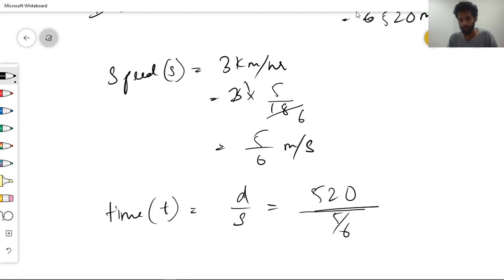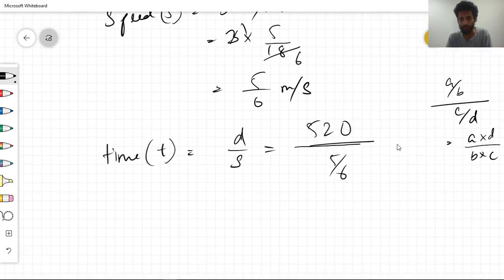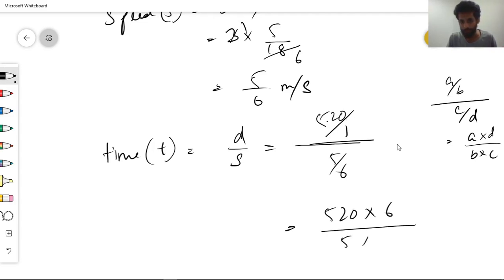When this is in the format A by B divided by C by D, we have to multiply A into D, then B into C. I can write 520 as 520 by 1. So this will be 520 into 6 by 5 into 1.